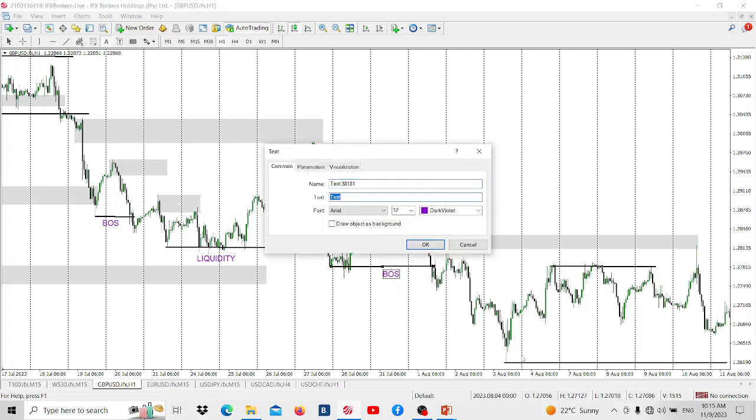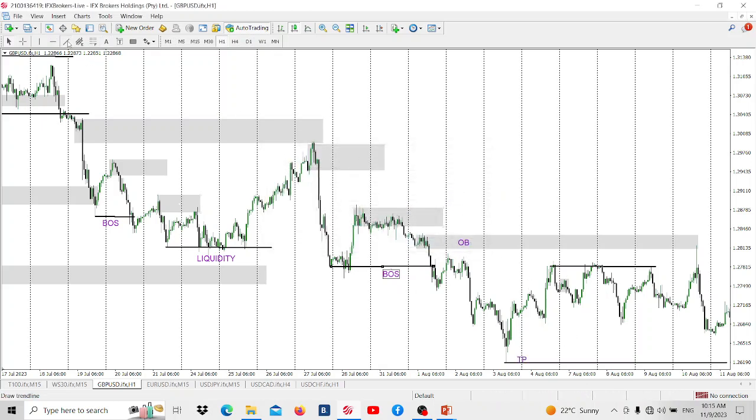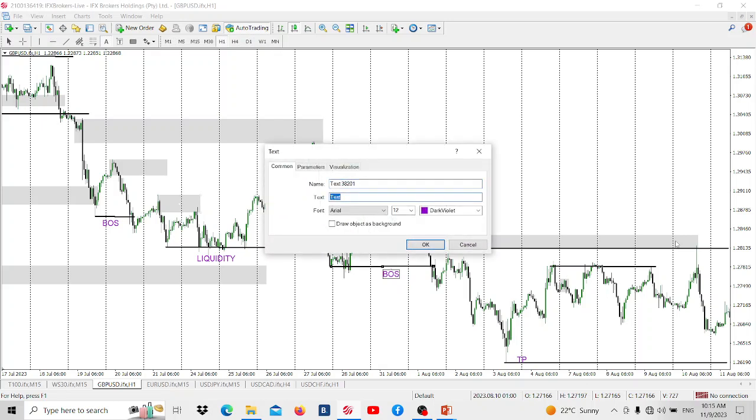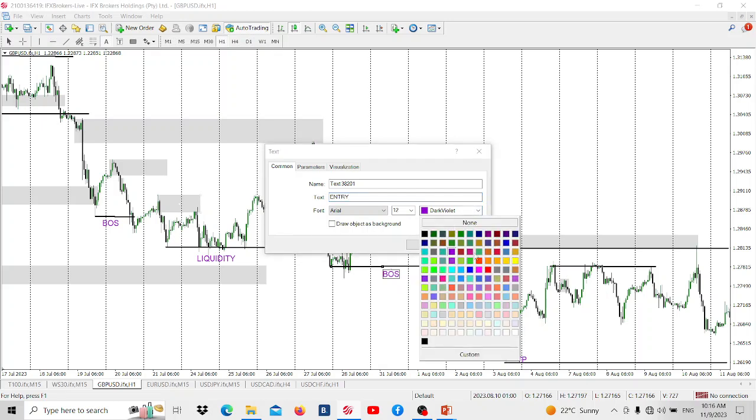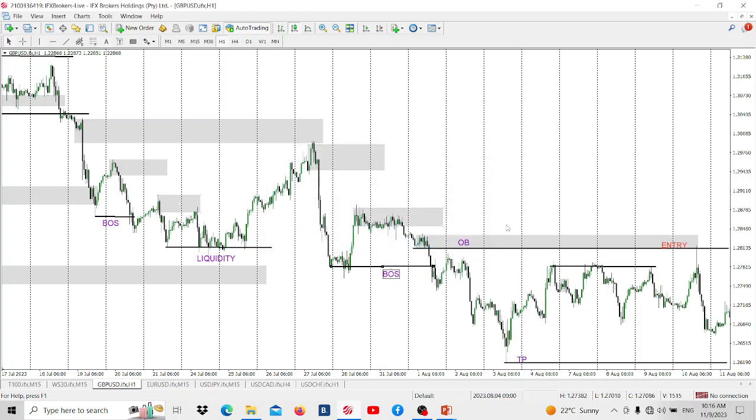Our TP, right? Since we had an entry over here, and it's a sniper entry, zero drawdown. Our entry, stop loss maybe somewhere. I like my stop loss to be calculated around about 30 pips or so.